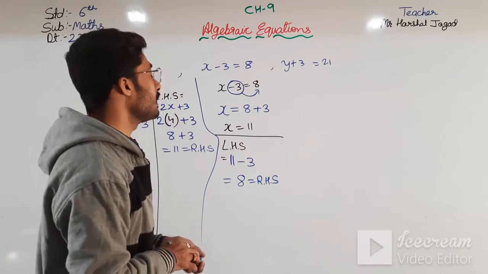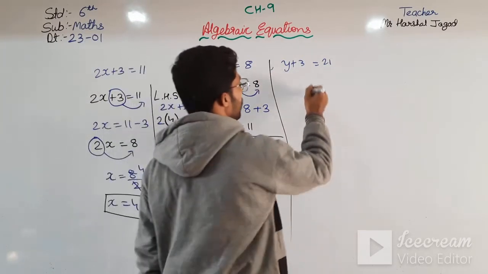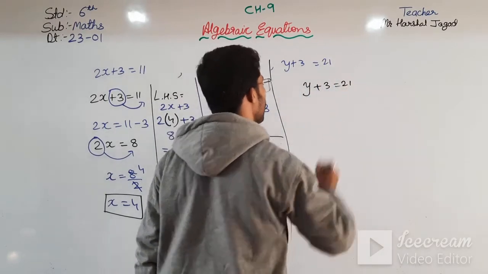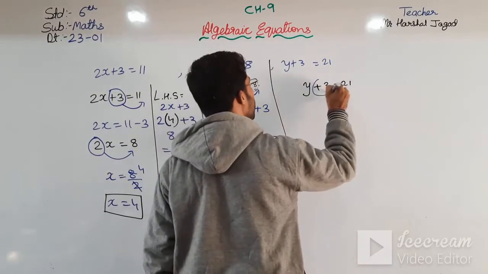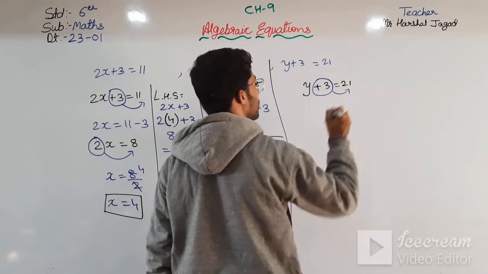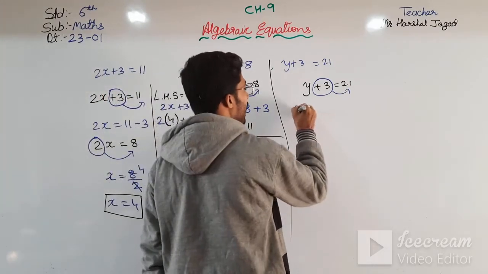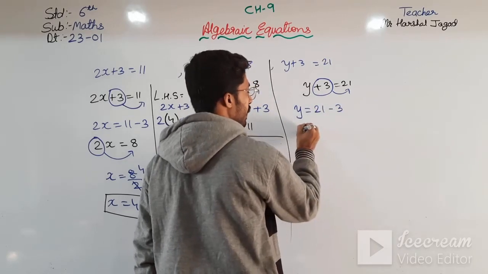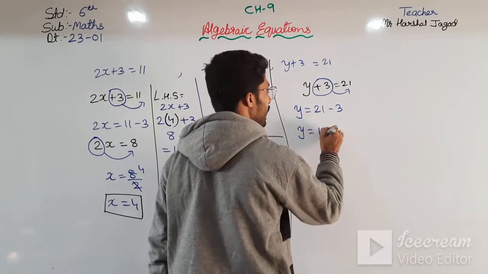Then the third one is given, that is y plus 3 is equal to 21. Here also, if I take this plus 3 towards the other side, that is the right hand side, y is equal to 21 minus 3. So we will get y, that is 21 minus 3, is equal to 18.